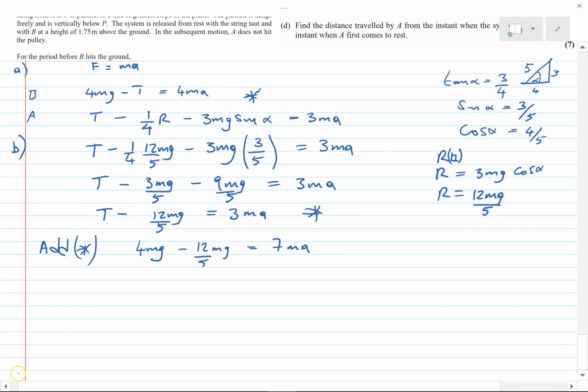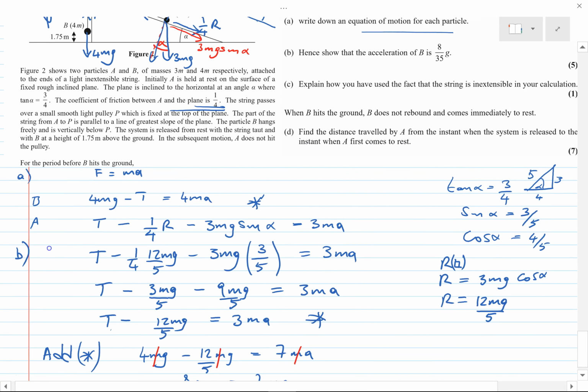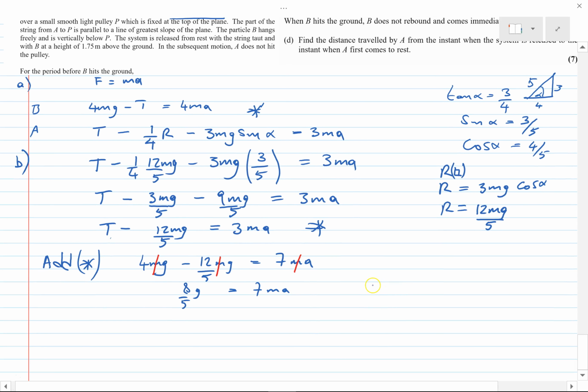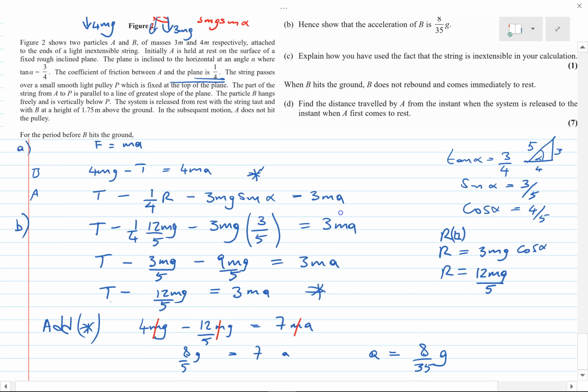Obviously m cancels, and putting this in a common denominator, it's 20g/5 minus 12g/5, so 8g/5 is equal to 7a. This was a show-that question, which is quite reassuring, because it did say it's 8/35. So a is equal to 8/35 g. Right, so that's part C done.